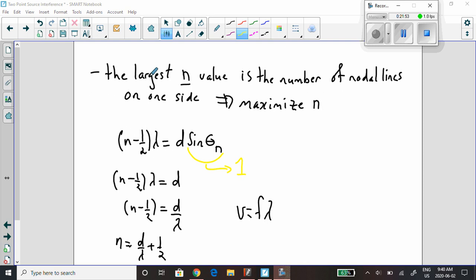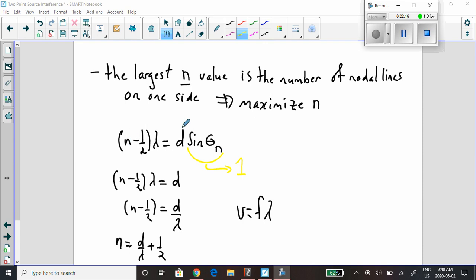Now, there are physical limits to what we're doing. So what's the largest n value that actually makes sense? It's basically saying, how many nodal lines are there on one side? On one side, we want to maximize n. Well, to maximize n, we go back to this equation, and we want n to be as big as it possibly can.